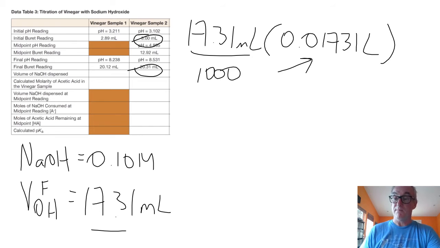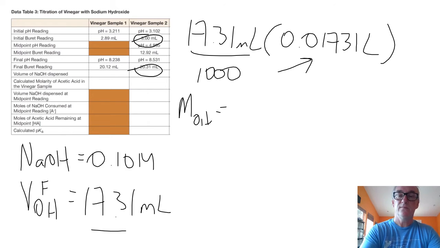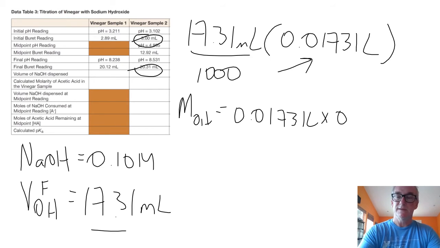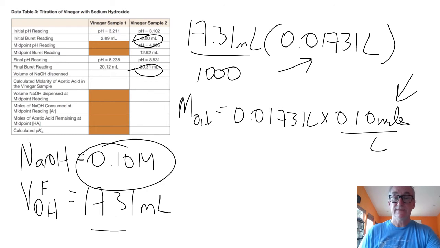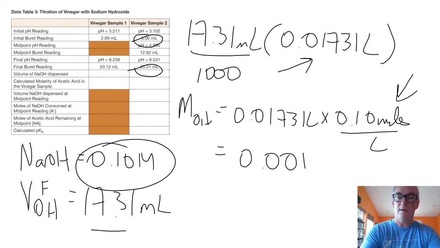Now, to get the number of moles of hydroxide, we take the volume, 0.01731 liters, times 0.10 moles per liter. That's the concentration. That's the molarity. So how many moles is that? That is 0.001731 moles.